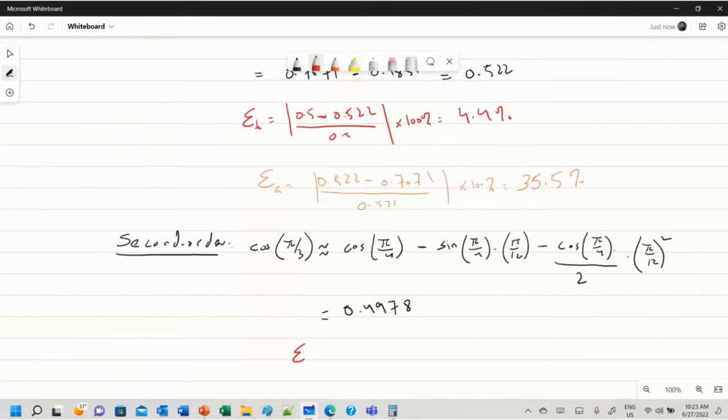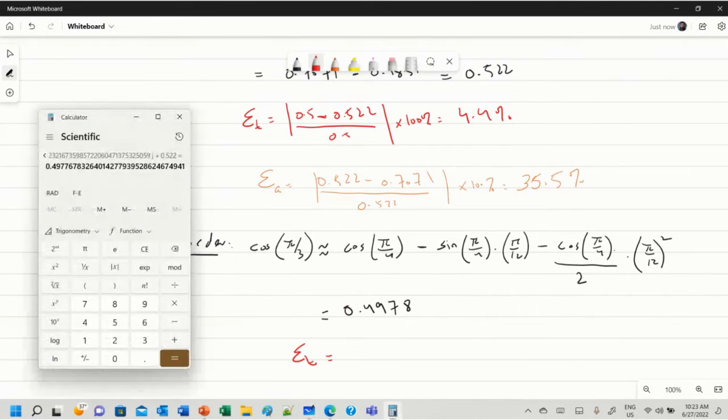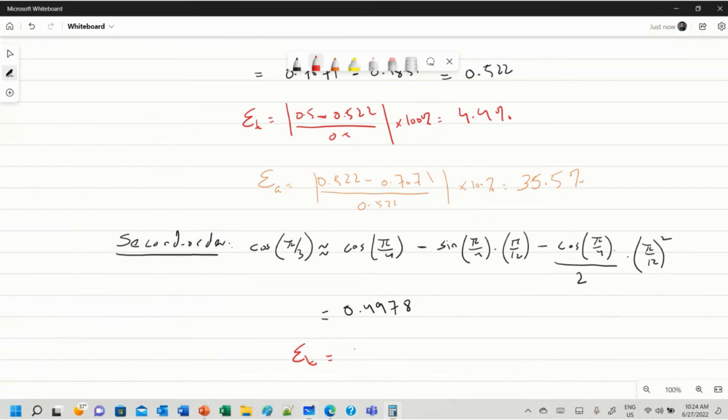I can find the true error as 0.5 minus 0.4978, which gives 0.44% error.